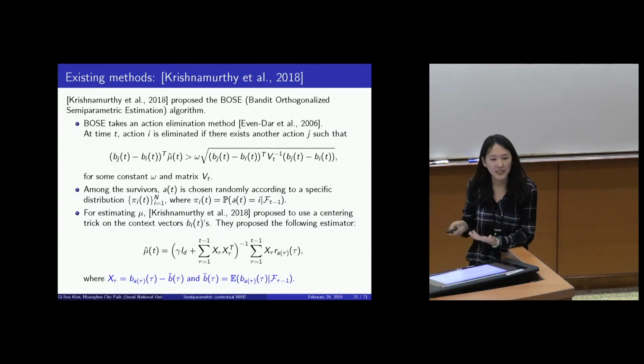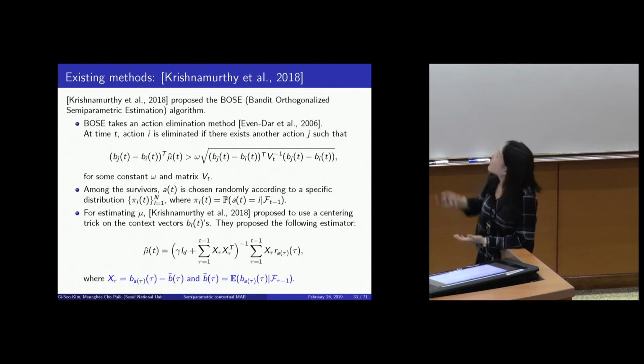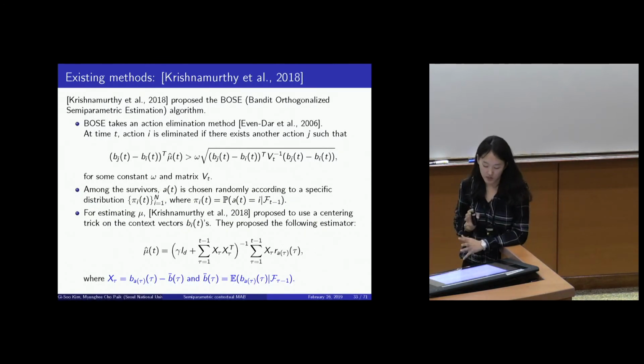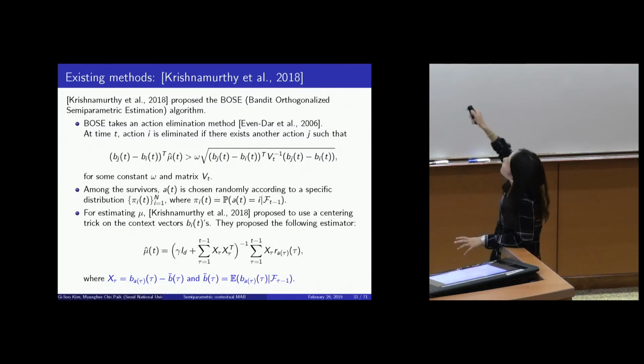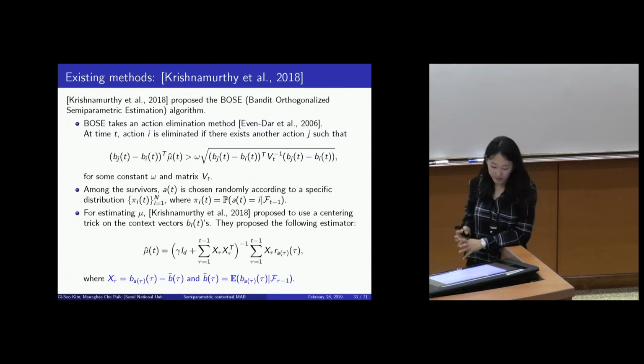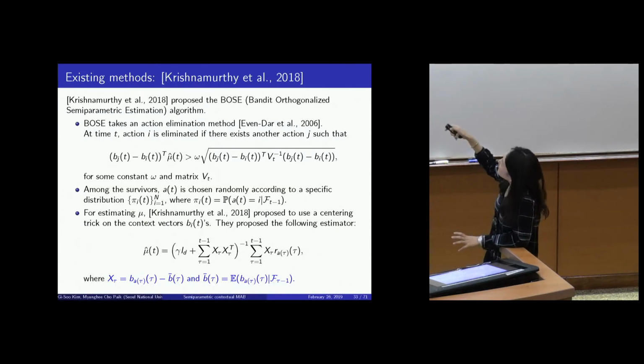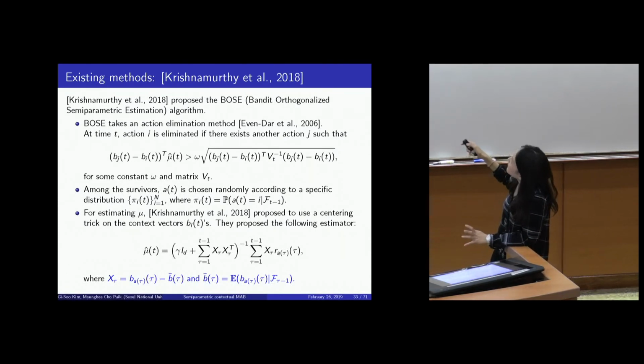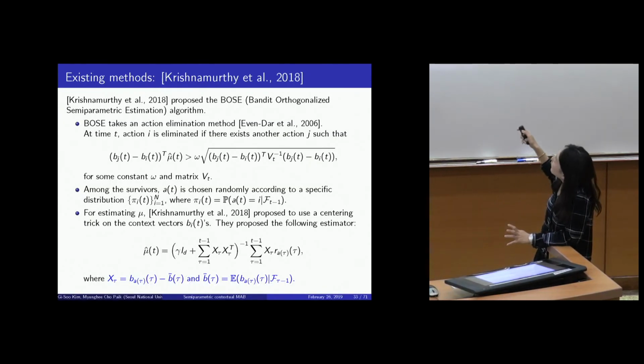This means that the ith action is suboptimal at that time. And here the constant omega controls the degree of elimination, so omega is set as a tuning parameter. Then among the surviving actions, the real action is chosen randomly according to a specific distribution pi, where pi i is the probability of pulling the ith arm at time t.